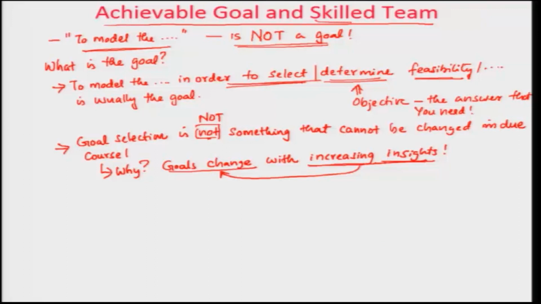Okay. Also, another part you need to remember is the skilled team. So, the mixed skilled team is very important because you need to have various skills. Some of the skills include system analyst skills.